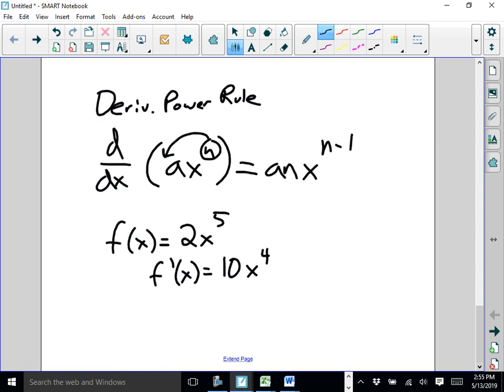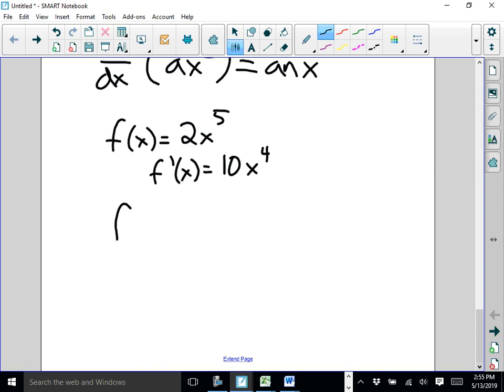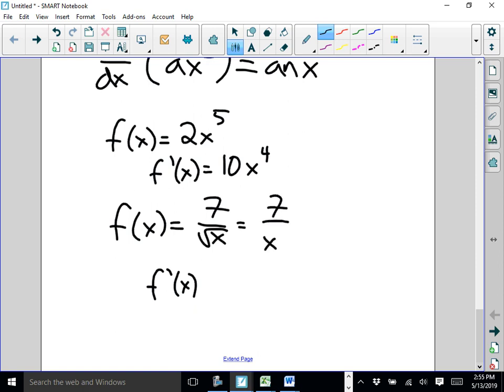Some power rules that are a little bit trickier. If f of x equals 7 root x and I need to do the derivative, well, I want to put it in ax to the n form if I can. Well, we know square root is the same as half power. And then I know I can move that up and call this 7x to the negative half.